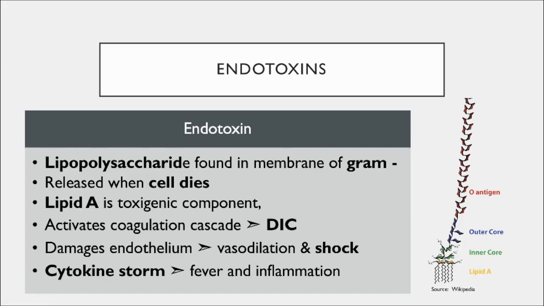Endotoxins. If exotoxins were on the outside of a bacteria, endotoxins are on the inside of a bacteria. The key endotoxin to think of is lipopolysaccharide, which we mentioned earlier as being a component of the gram negative cell wall, outer membrane. The important thing to keep in mind is that endotoxin is only released when the cell dies.